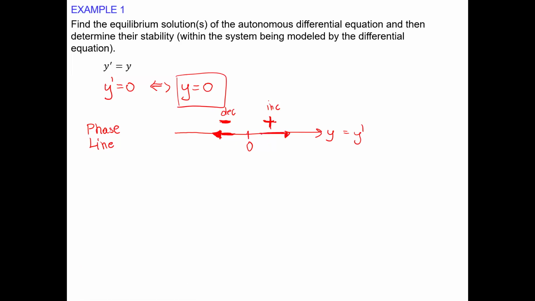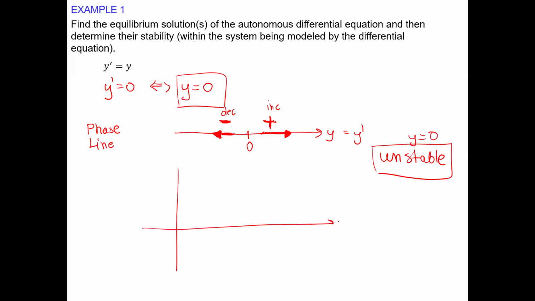So minus means drawing an arrow to the left, and plus means the right-hand side. That means the arrows are pointing away from the equilibrium solution. This is unstable. We know this is an unstable equilibrium solution, y equals 0.